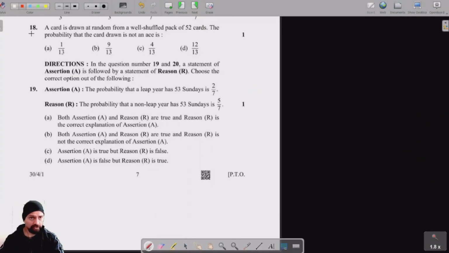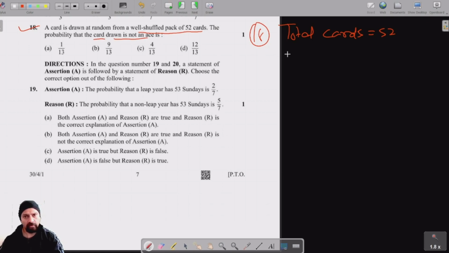For question number 18, it's given that a card is drawn at random from a well shuffled deck of 52 cards. So total cards in the deck is equal to 52. Now we have to find the probability that a card drawn is not an ace card.